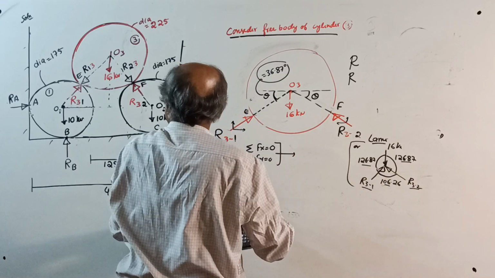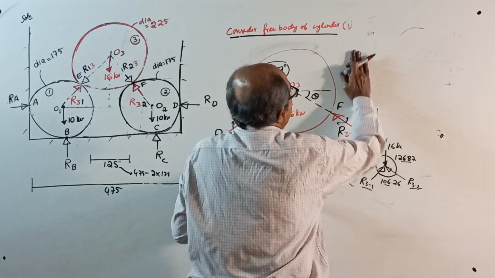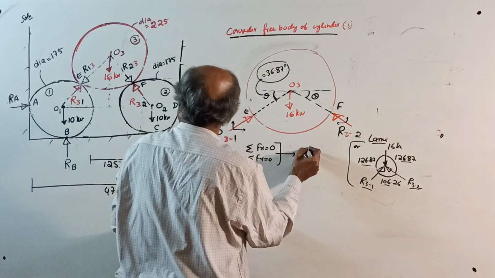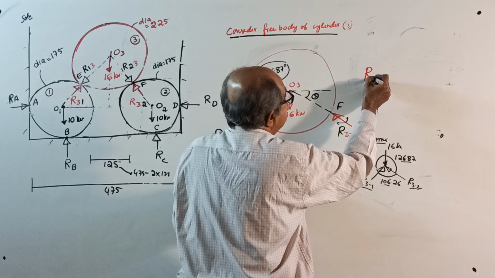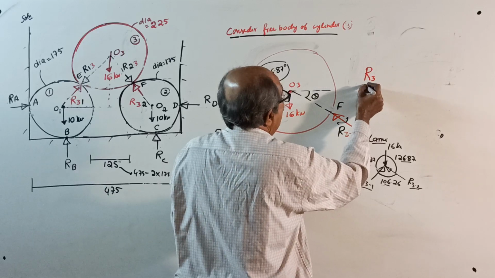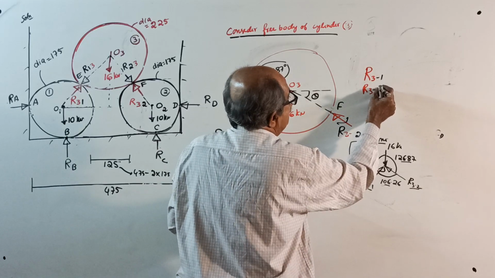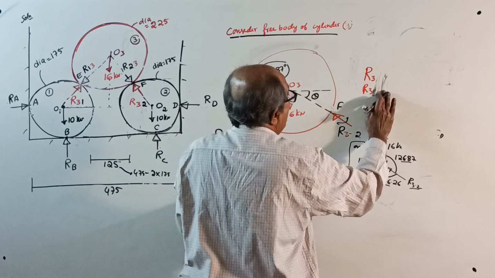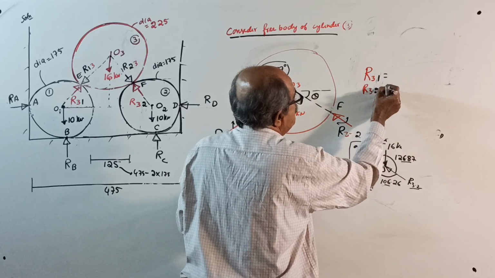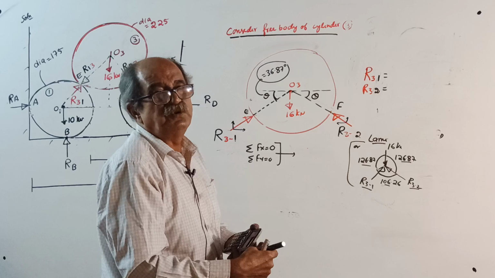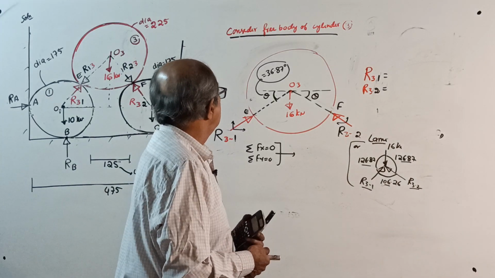Now correctly get the value of R, which will come in red color. You get it from these two. Here I write, you can do whatever you want. R31 and R32, one of them is R31, the other is R32. I should not explain all these things now, I'll give the direct answer, as that part is not difficult for me.